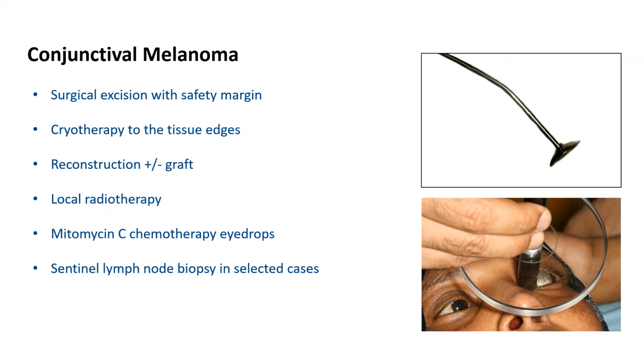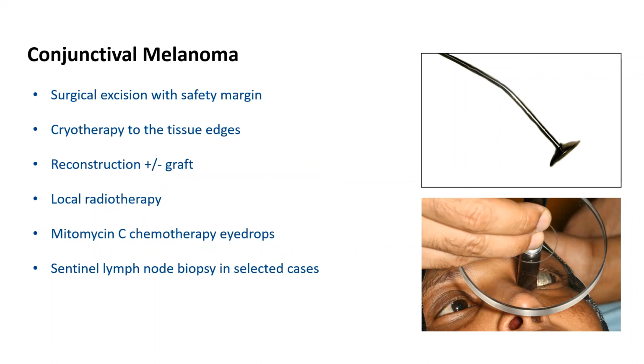And lastly, some patients may be amenable to sentinel lymph node biopsy. This is a technique where, following your operation, we aim to inject a coloured low-dose radioactive dye at the operation site and see if we can track where the dye travels to the local lymph nodes.